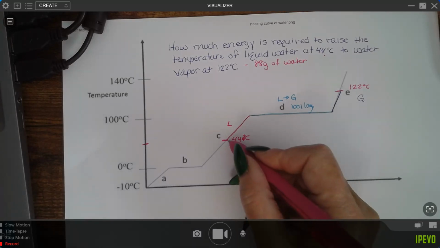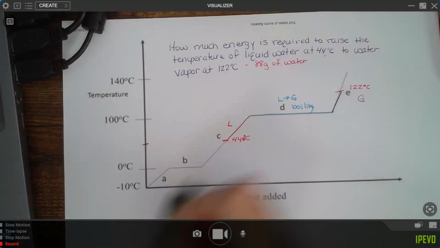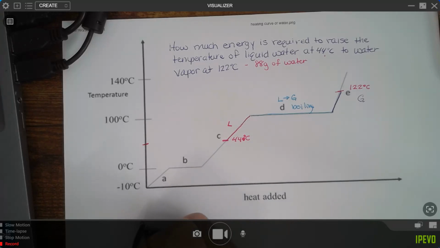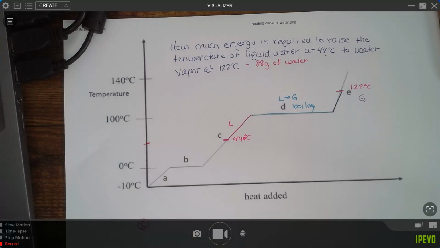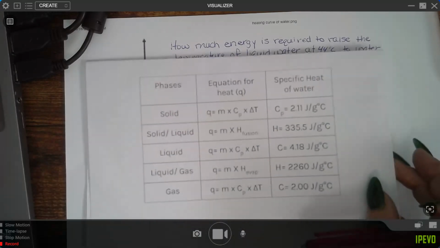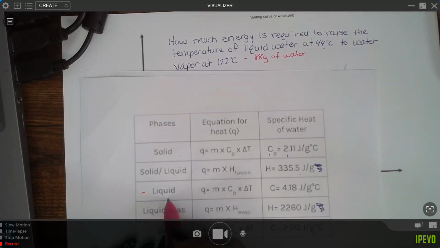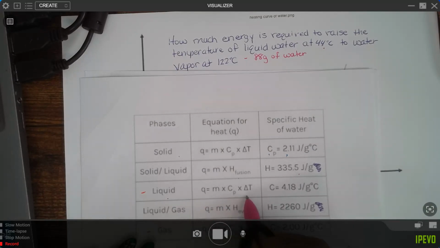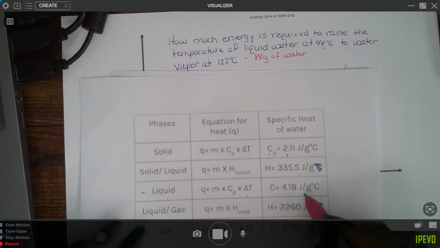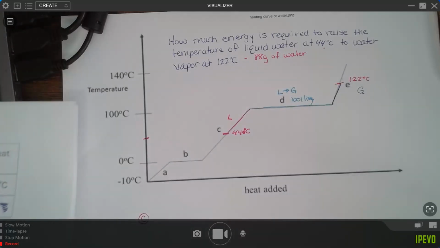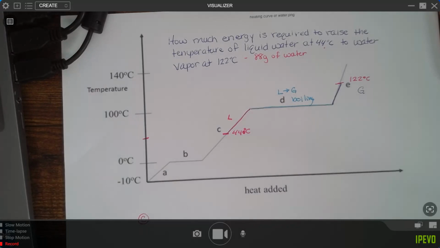When we start out, I'll label this segment C. What's happening is we just have liquid. So if I look over here at my sheet, when I'm working with liquid, I'm going to use the equation Q equals mc delta T. C is 4.18 joules per gram degree Celsius.